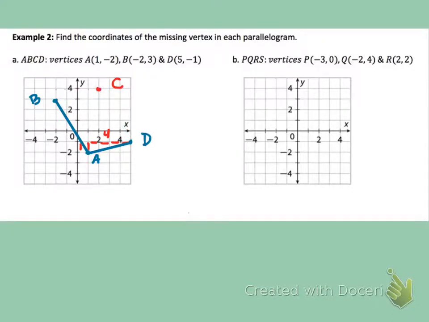So basically all I did was I took what the slope was between the points A and D, and I repeated that. I rose 1, and I ran 1, 2, 3, 4, to get to that point, which, by the way, is at 2, 4. And then when I connect them, now that creates what appears to be a parallelogram.